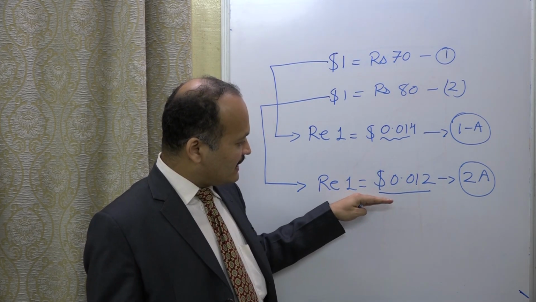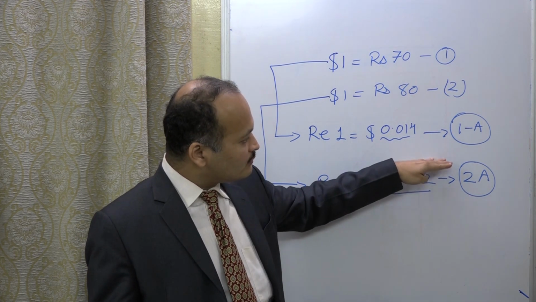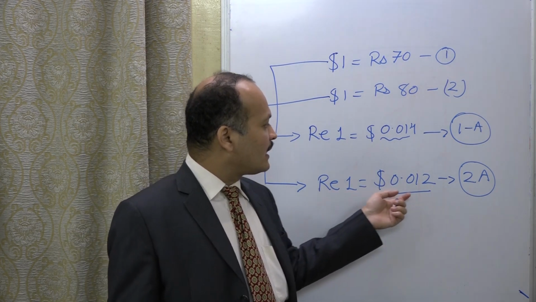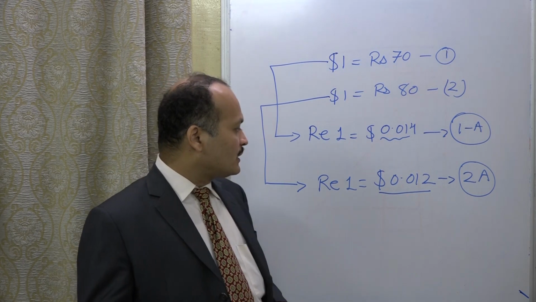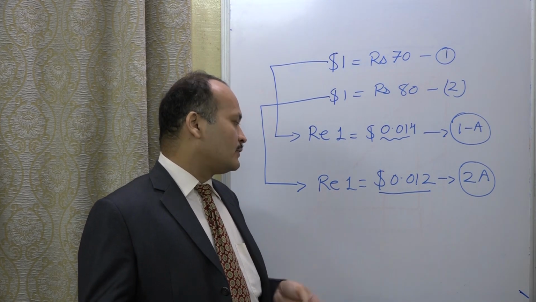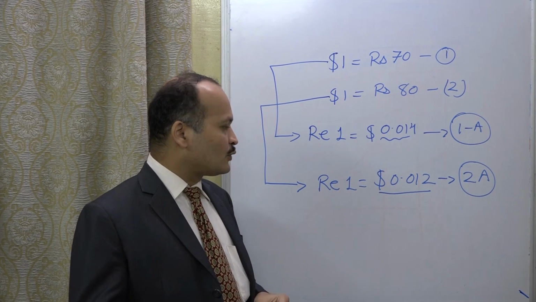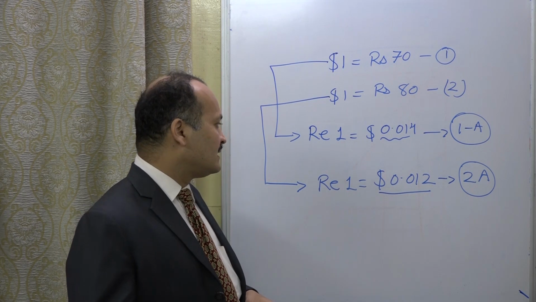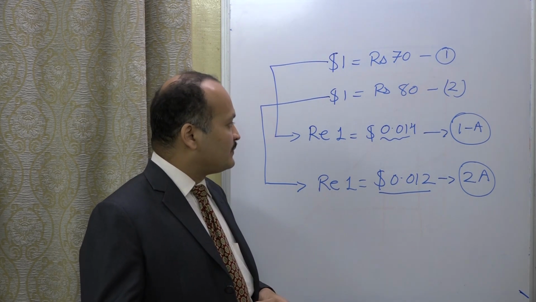Initially, if we were at scenario 2A and we are moving from 2A to 1A, what is happening? Earlier I was getting only $0.012 per 1 rupee. Now I am getting $0.014 for the same 1 rupee. I am getting more units of the foreign currency, and in that sense the rupee is appreciating.